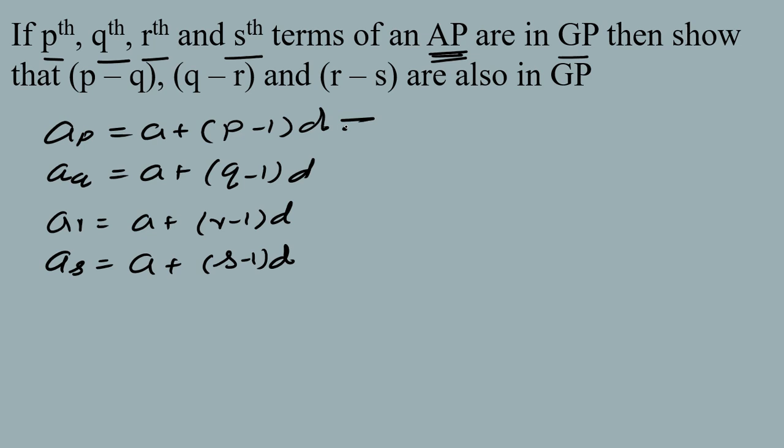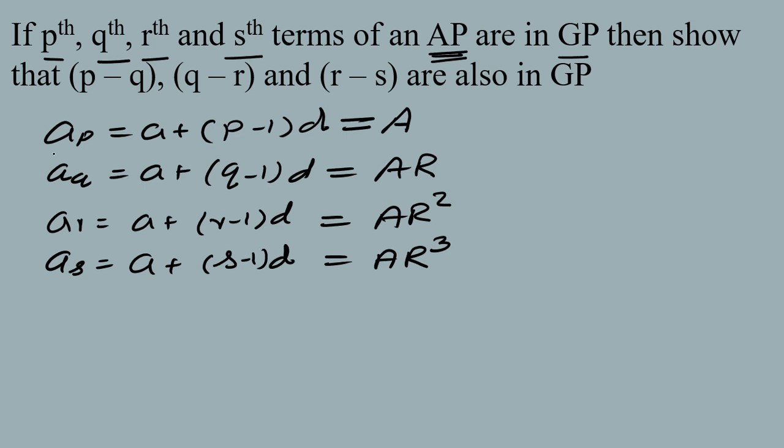So GP means, let's take A as the first term, AR as the second term, AR square as the third term, and AR cube as the fourth term, where A is the first term and R is the common ratio.